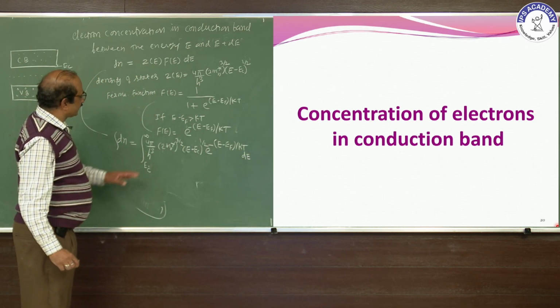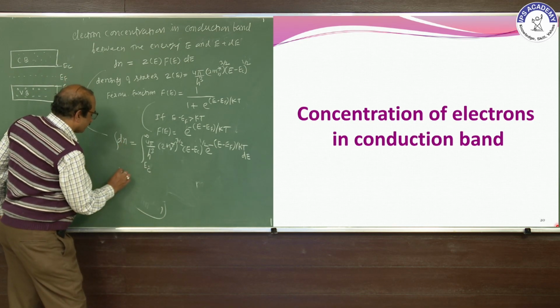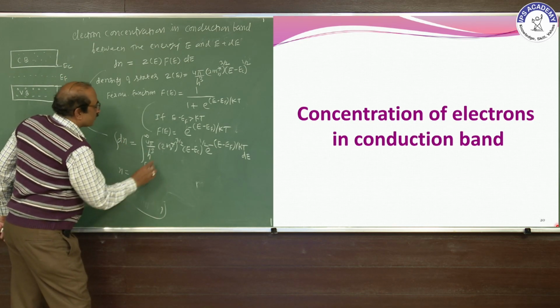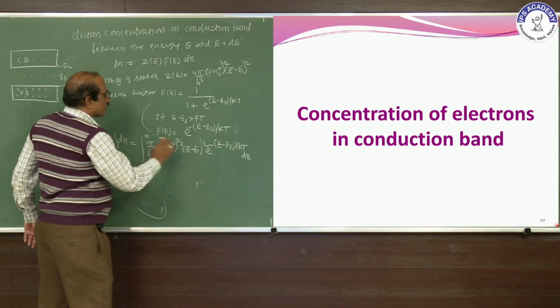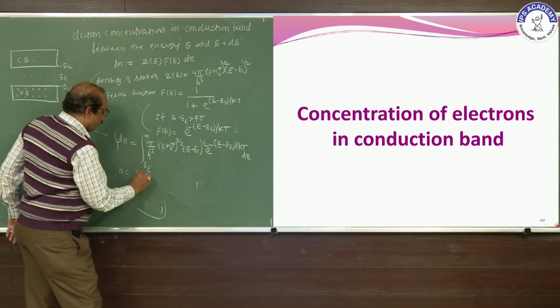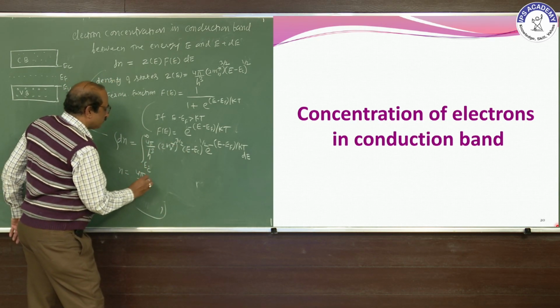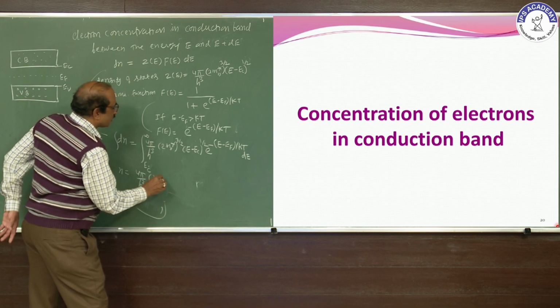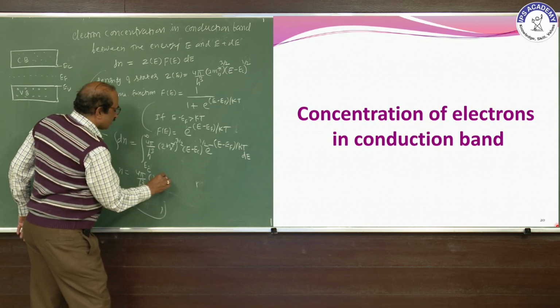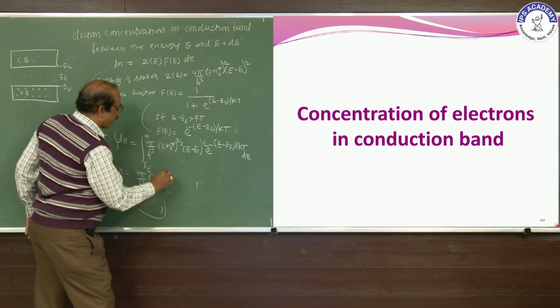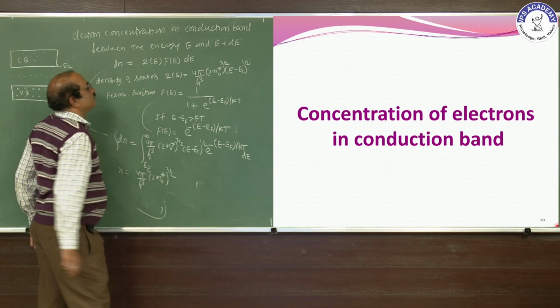So you can solve this integral. dn is n. Take this constant outside: 4 pi upon h cube, 2 mn star. mn star is the effective mass of electron.